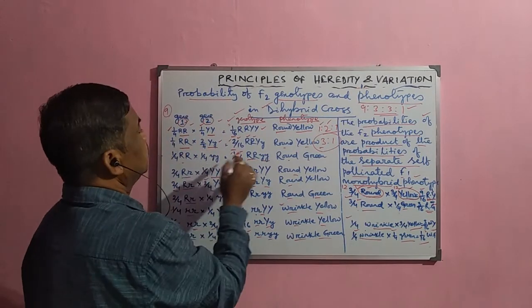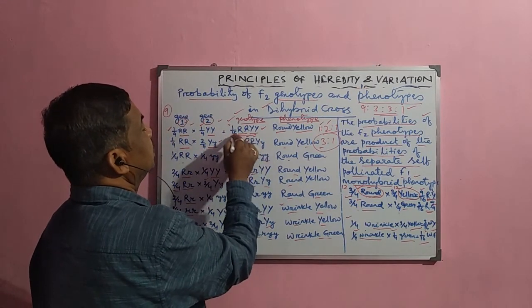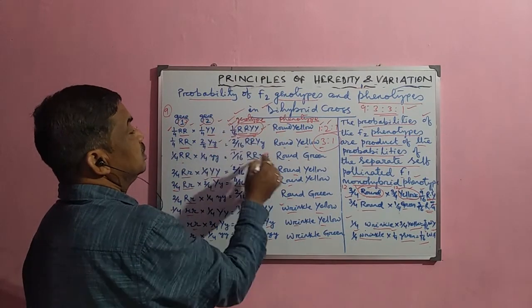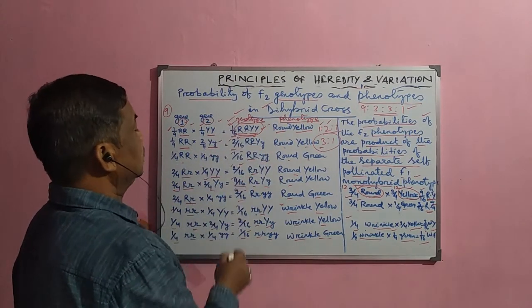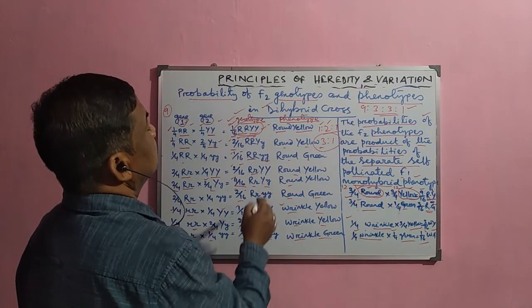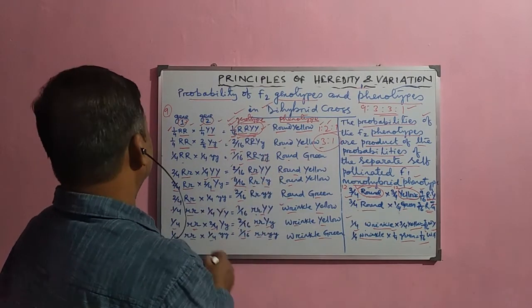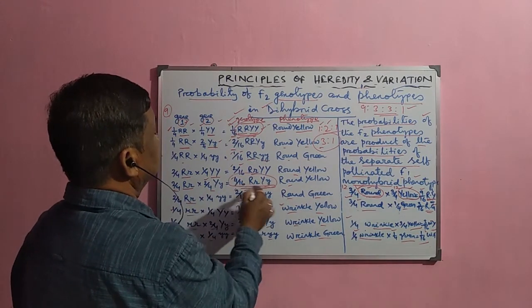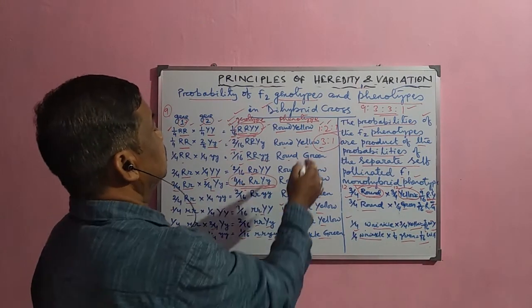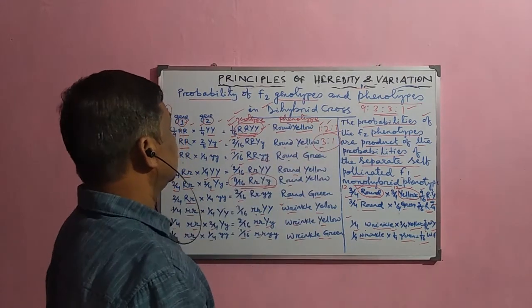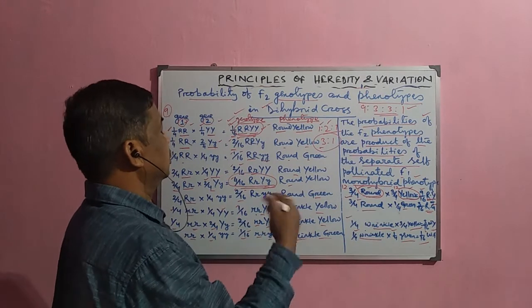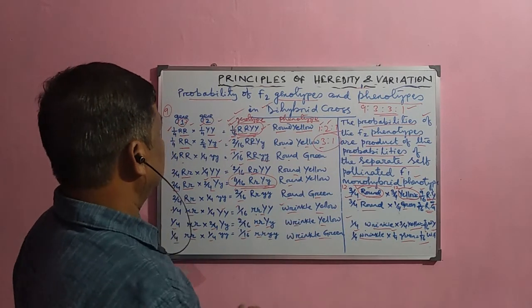So here, capital R, capital Y, this is 1 by 16, and here the heterozygous round yellow, there are normally 4 by 16 times. So here it is 1:2, it is double of this, or square of this.